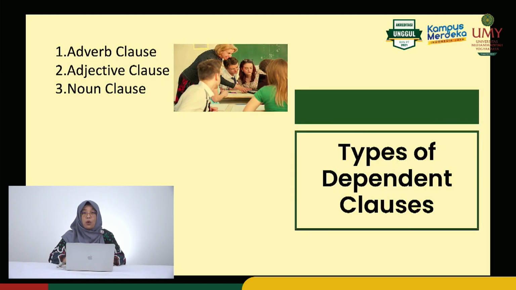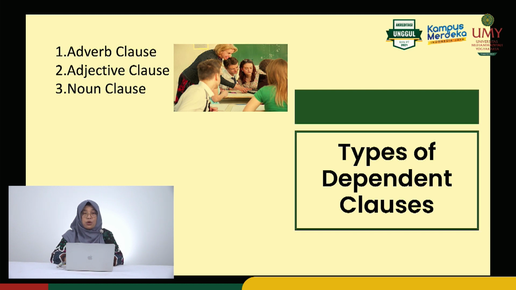And then, what are the types of dependent clause? So there are three types of dependent clause. The first one is adverb clause. The other one is adjective clause. And the last one is the noun clause. And each of these different types of dependent clause is characterized by its connector.